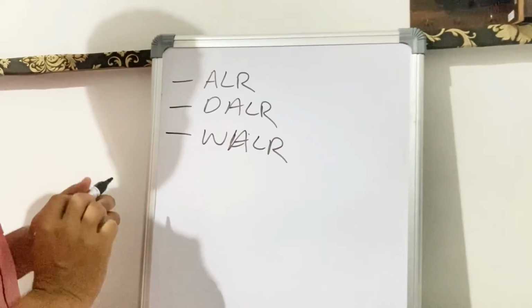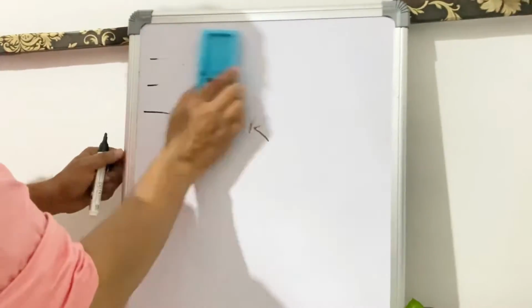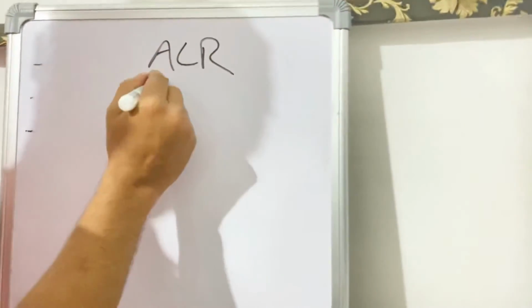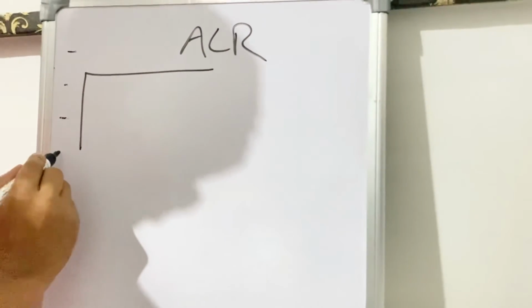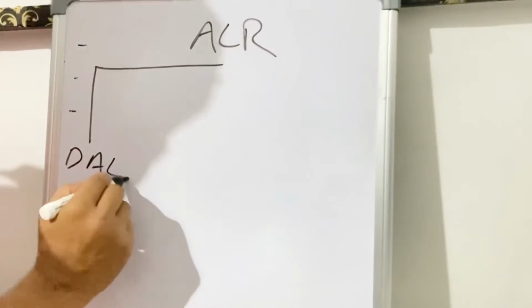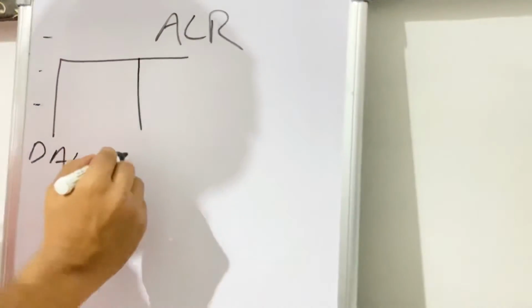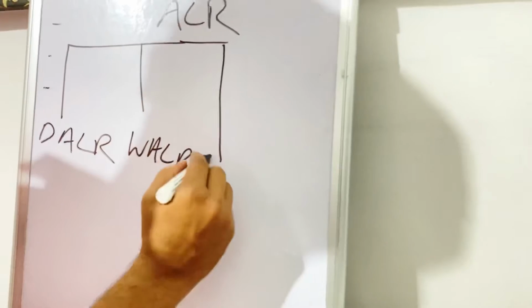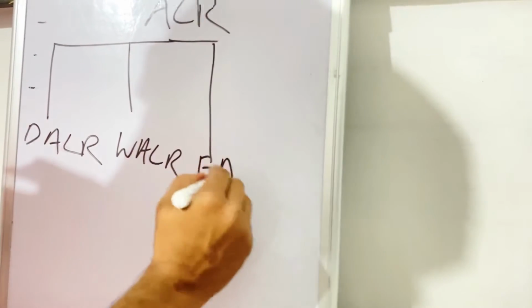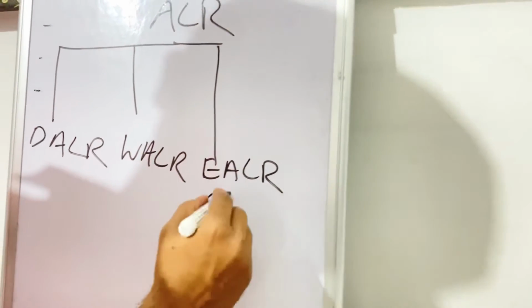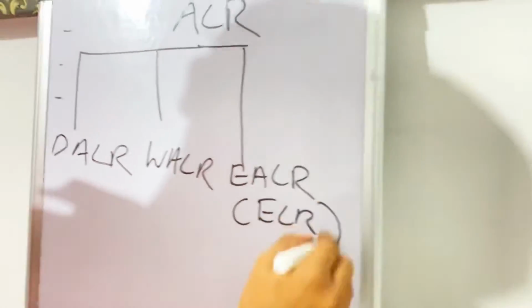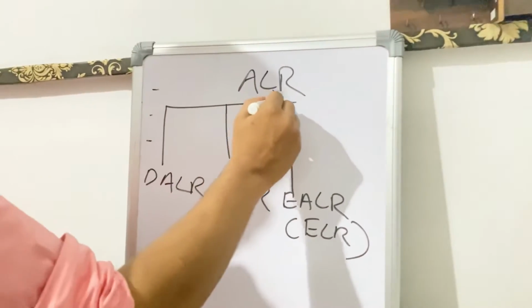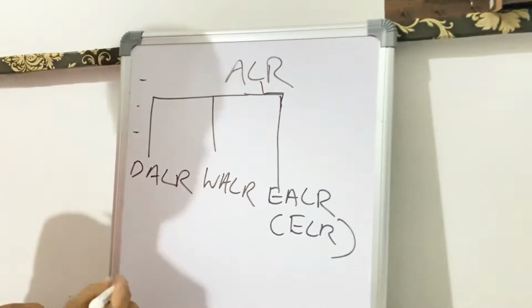Okay, so we can just write it like this: adiabatic lapse rate, dry adiabatic lapse rate, wet adiabatic lapse rate, then there is environmental adiabatic lapse rate or environmental lapse rate. So these are the different kinds of lapse rates.